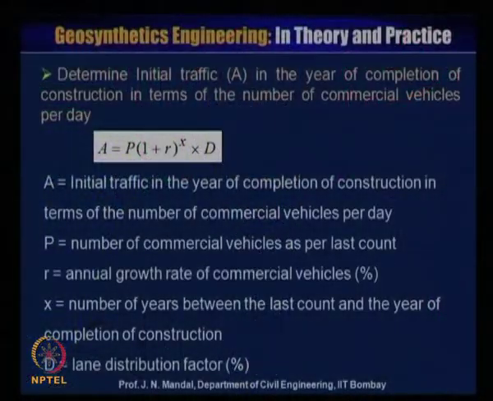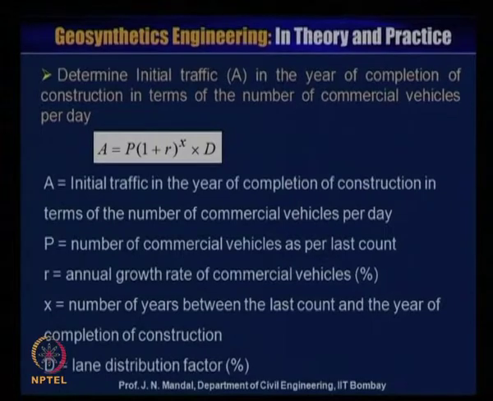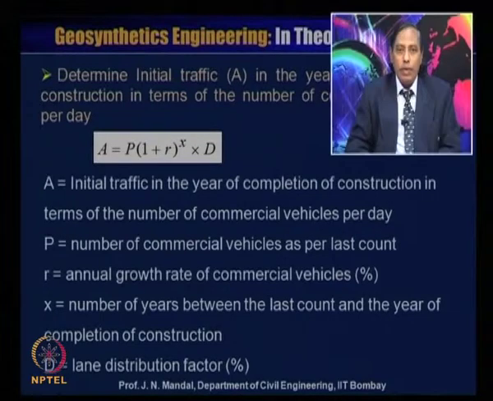Next, determine the initial traffic A, in the year of completion of the construction, in terms of the number of commercial vehicles per day. This is the equation given by the code: A is equal to P into (1 plus R) to the power X into D. A is the initial traffic in the year of completion of construction in terms of commercial vehicles per day.